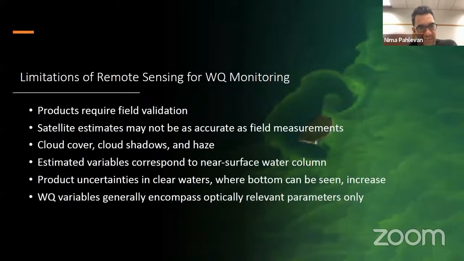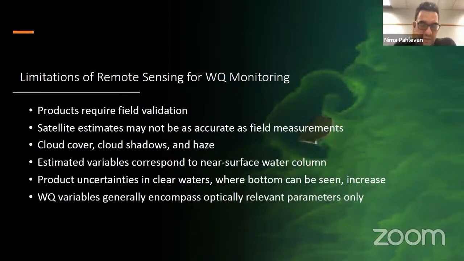So the limitations include that it requires field validation. We still need to understand the uncertainties. We have some understanding of the overall uncertainties of satellite-derived products, but this has to be quantified in the field for each region, for each aquatic ecosystem. Satellite estimates may not be as accurate as field measurements.